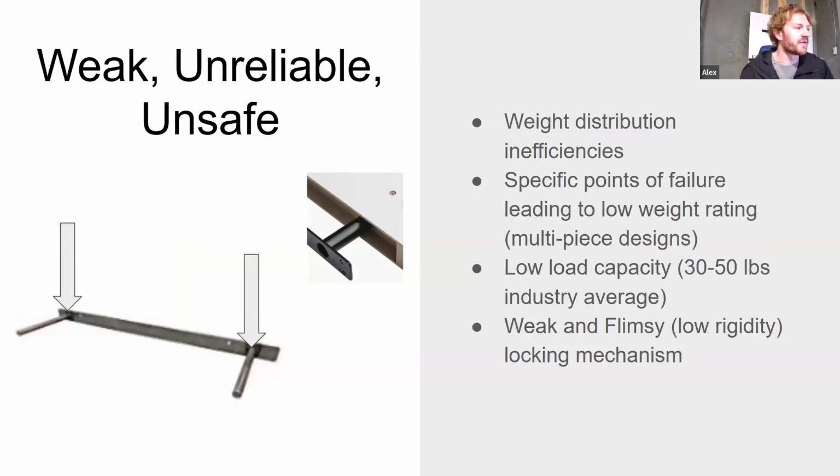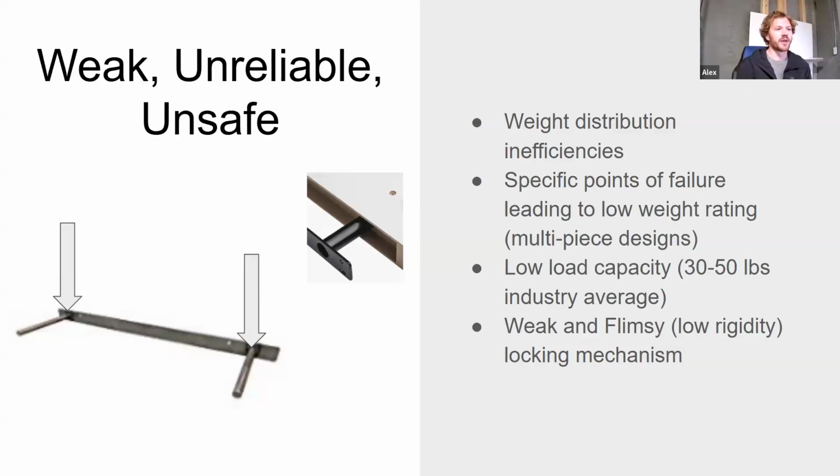You can see there on the left, for example, that's a two-prong system, and all the weight really is being distributed on those two points, right? On those two poles. And that kind of creates these specific points of failure and leads to a low weight rating, low load capacities. And usually weak and flimsy or low rigidity locking mechanisms as well. And oftentimes they won't even have locking mechanisms.